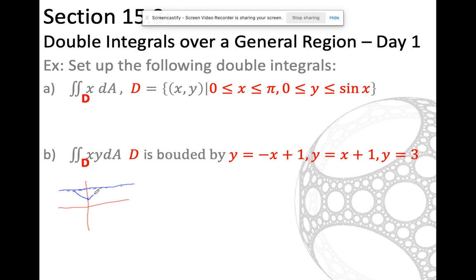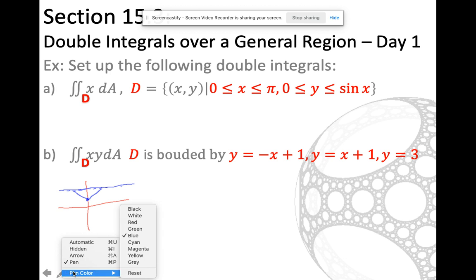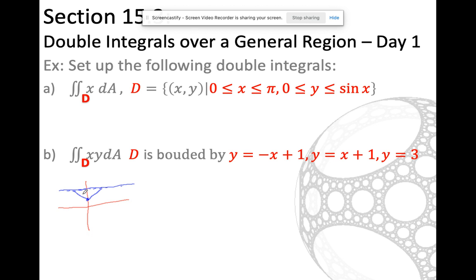And x plus 1. So the region I'm interested in is here. That's my D.